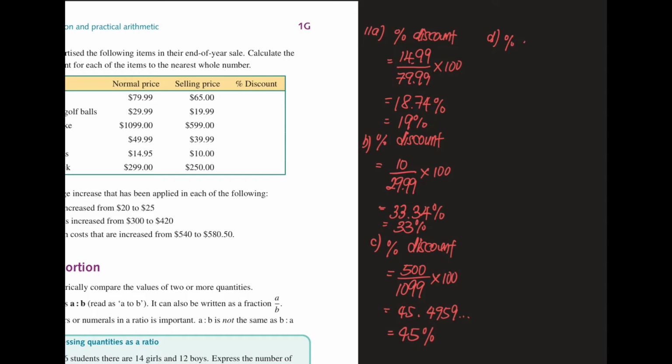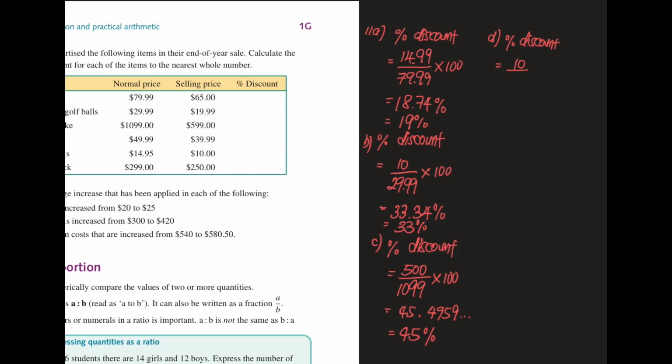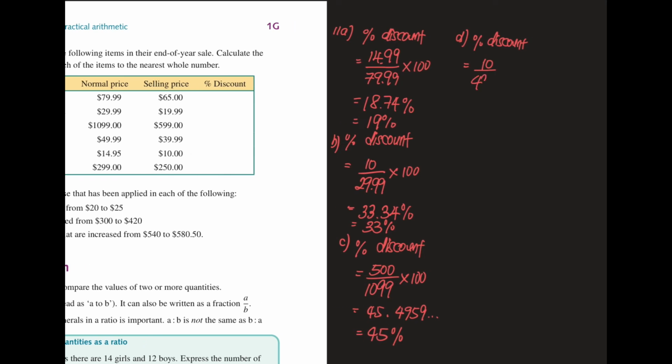Okay, so this is the percentage discount, $10 divided by the original price, which is $49.99 times 100. 10 over 49.99 times 100. Okay, then we will get 20%.